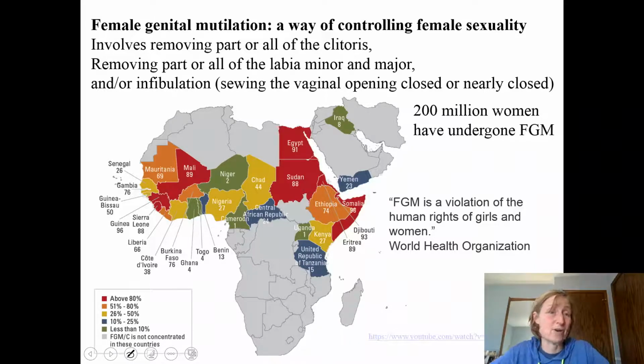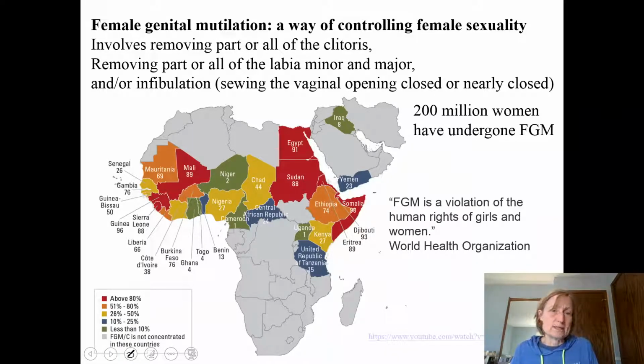So sometimes it involves the removing of the clitoris. Remember, the clitoris is analogous to the penis. The removal of part of those flaps of skin, or the sewing of them together, right? So sometimes the labia major is sewn almost shut, leaving a tiny little hole for urinating and for menstruation.